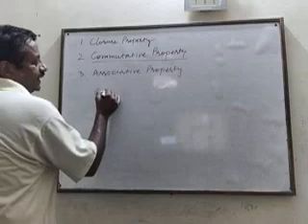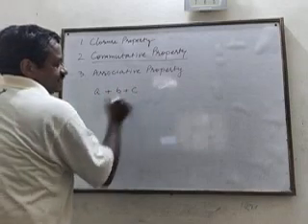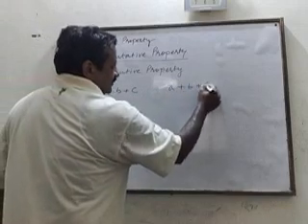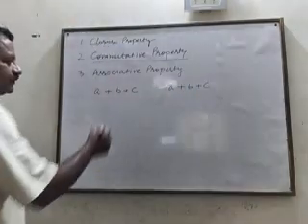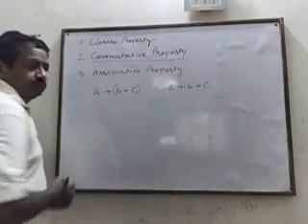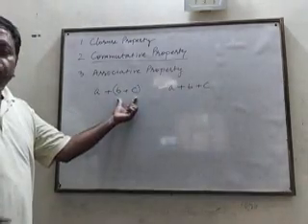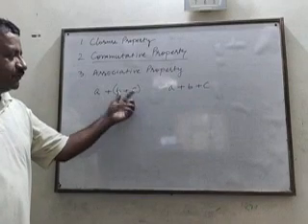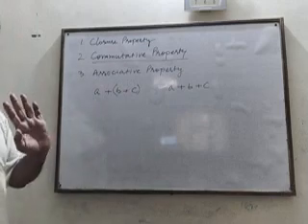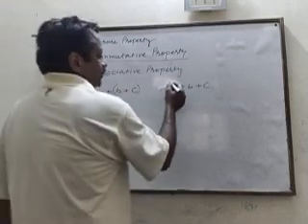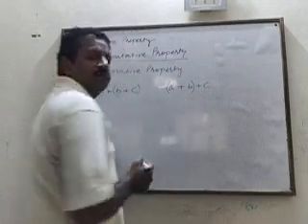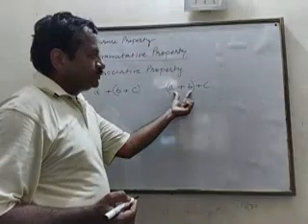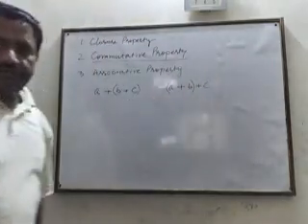When (a plus b) plus c gives you the same answer as a plus (b plus c), no matter whether first you have made the group of these two numbers, added them first, and then added c, or you added these two first, the group of these two, then added a.